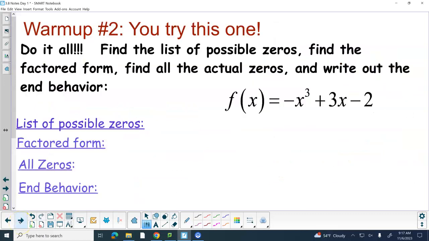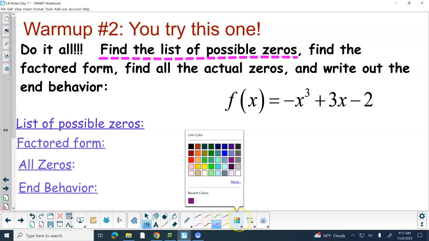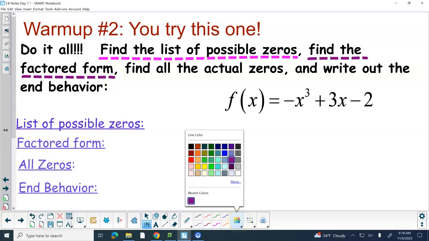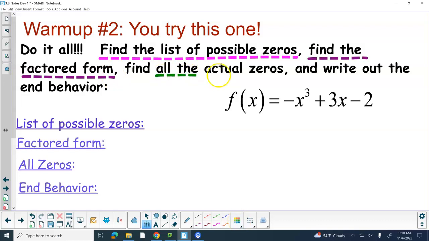Awesome sauce. All right, so you're going to try this one now. I want you to do it all on this one. I want you to find me the list of possible zeros, the factored form, and the actual zeros.